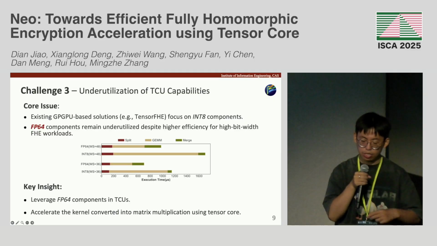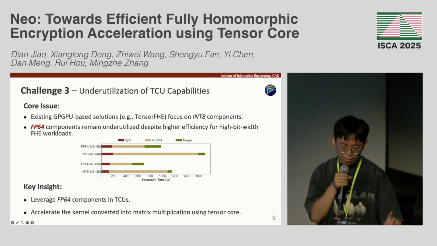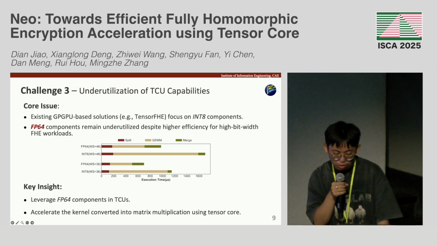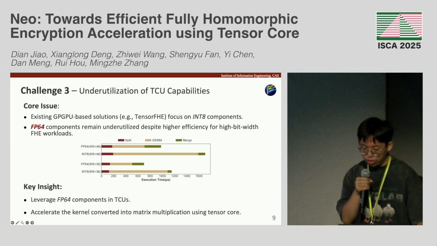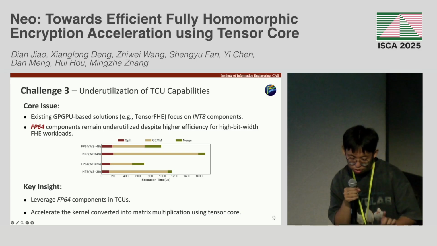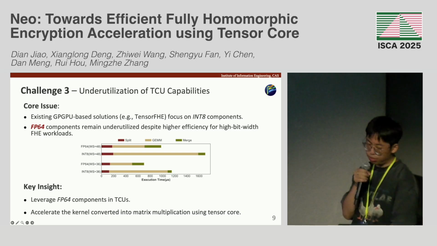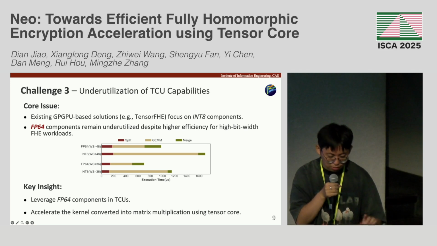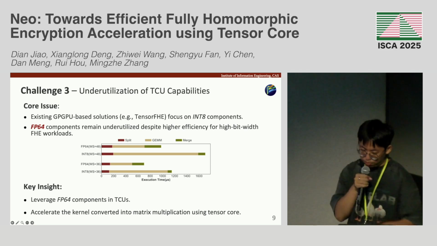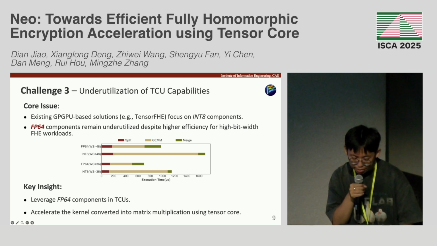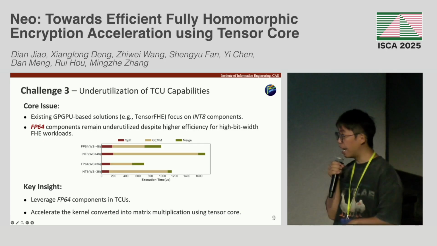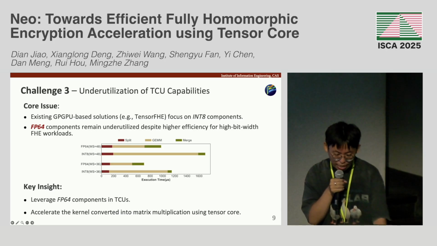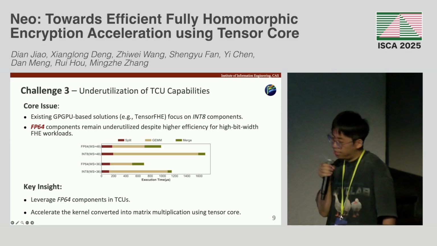In A100, integers are only supported up to int-add, and floating point numbers up to FP64. This means large numbers need to be split to ensure computational accuracy. As shown in this figure, FP64 components are 1.6 times faster than int-add components at 36-bit word size and 1.7 times faster at 48-bit word size.